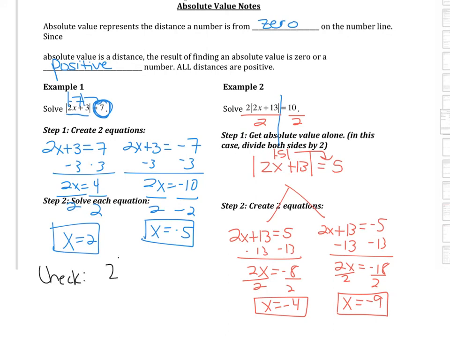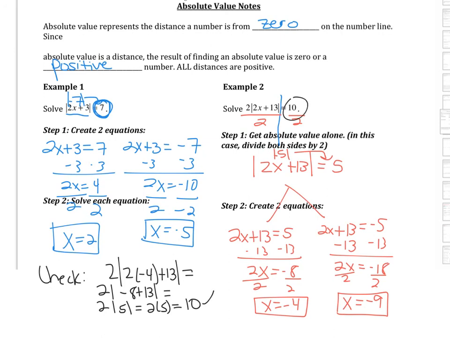if we do 2 times the absolute value of 2 times negative 4 plus 13, we get 2 times the absolute value of negative 8 plus 13, or 2 times the absolute value of 5. The absolute value of 5 is 5. 2 times 5 gives us 10, which is what we were supposed to get.